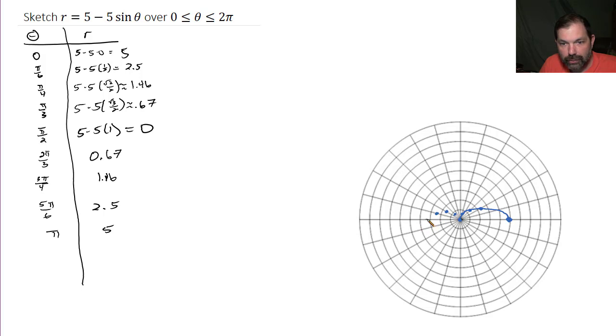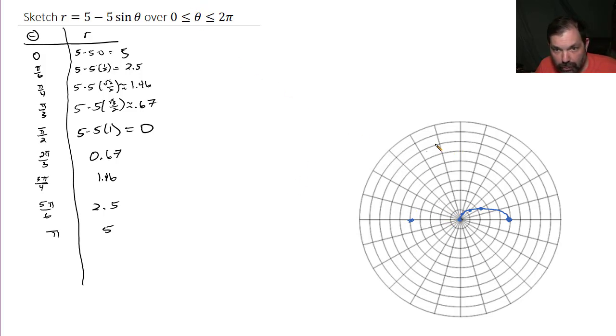And at pi, I'm at 5, 1, 2, 3, 4, 5, out here. Oh, some of those points were off a little bit. I was on the wrong radii. Let's try that again.